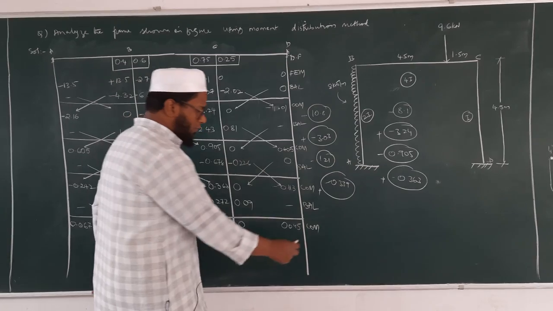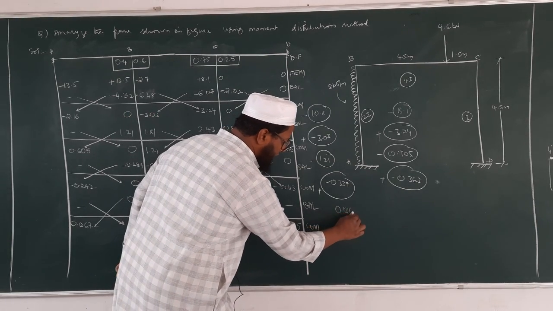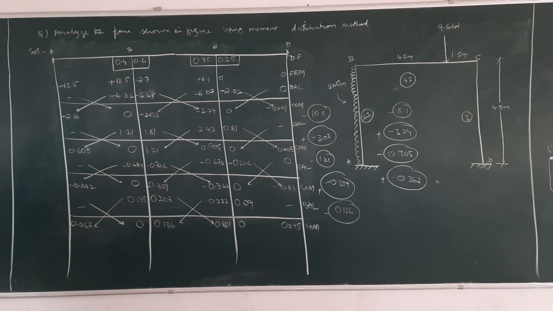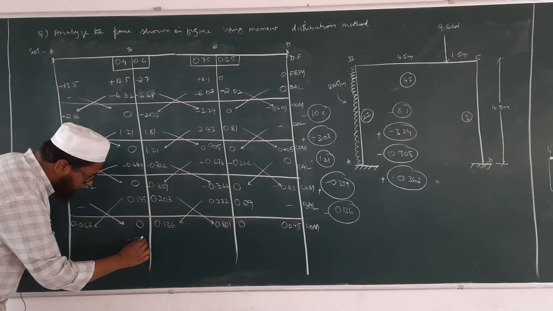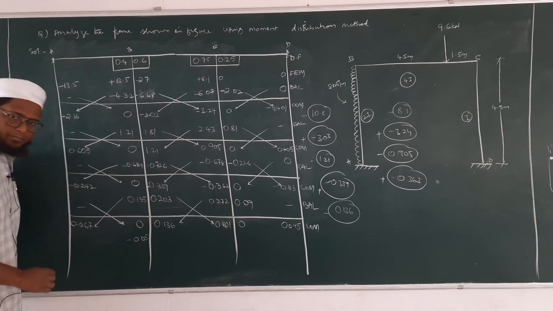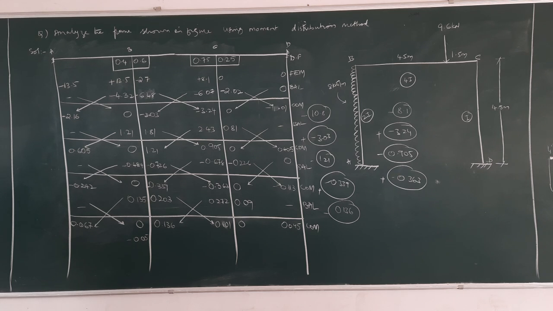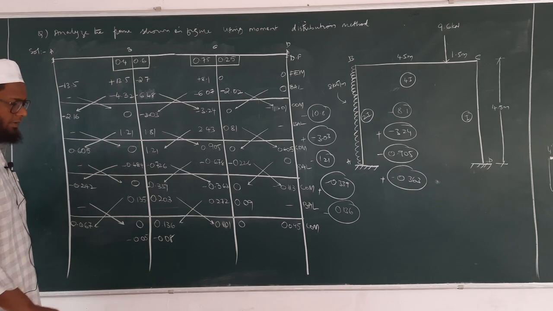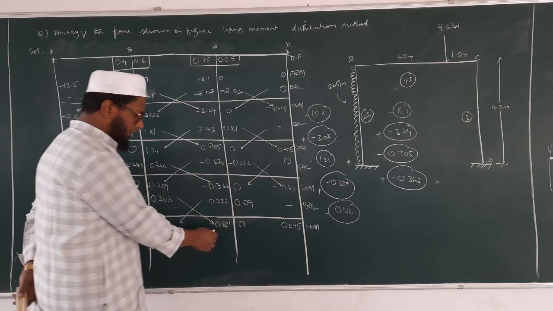So this will be 0.136 is positive, so we'll make it negative. Minus 0.05. Next. 0.08. Minus 0.08. Next here it is 0.